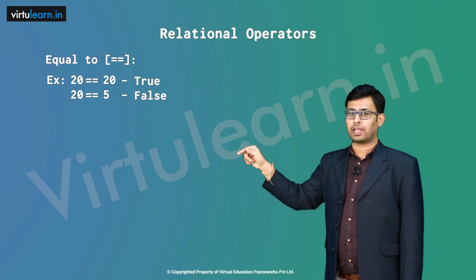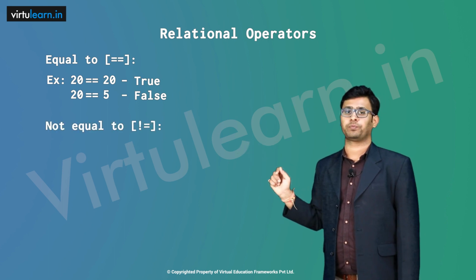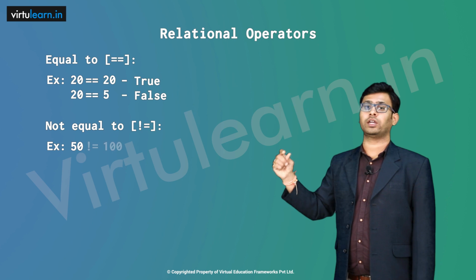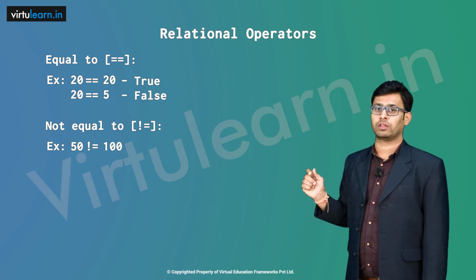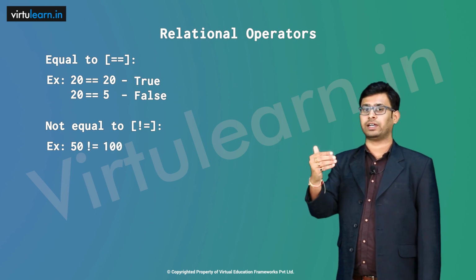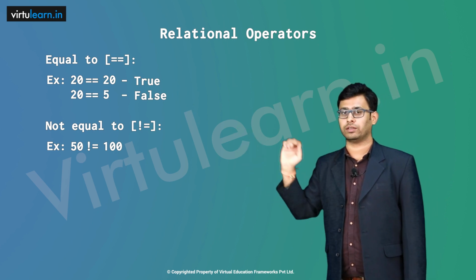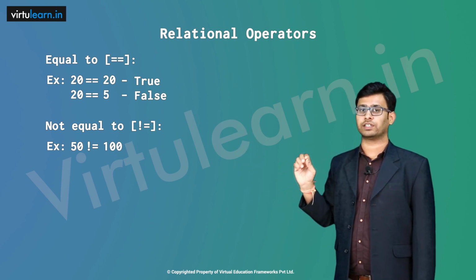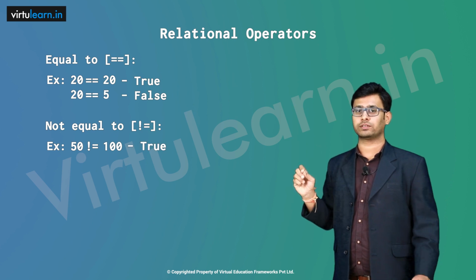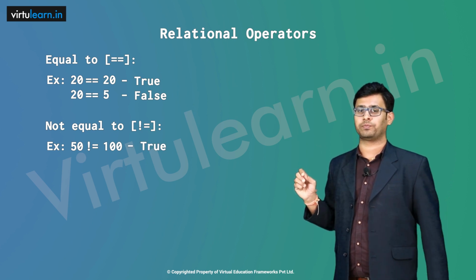Next, the last one is not equal to. 50 not equal to 100. While reading itself we need to understand the context. 50 not equal to 100. Obviously the result is true because 50 is not equal to 100.